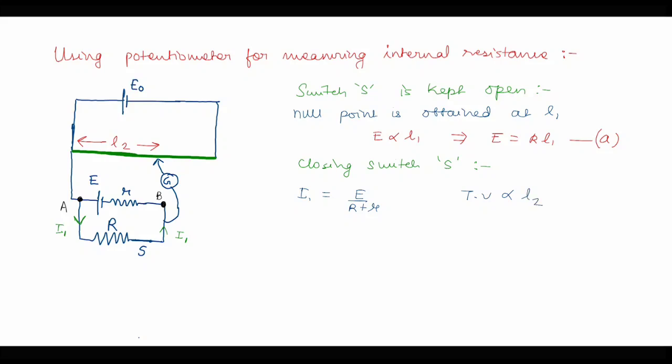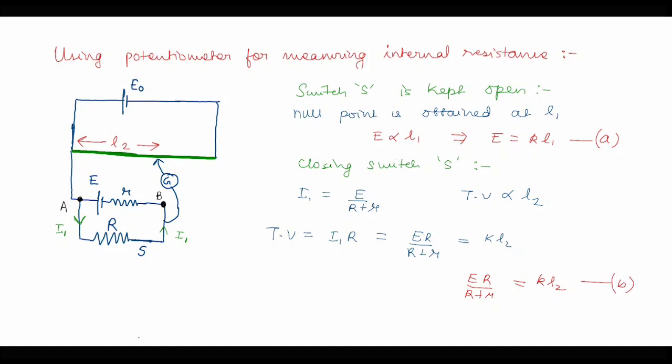So this terminal voltage is equal to I1 into capital R, which we can write as E capital R upon R plus small r, and this is written as K L2. So from here I am writing this equation as E R upon R plus r equals K L2. This becomes my equation B.